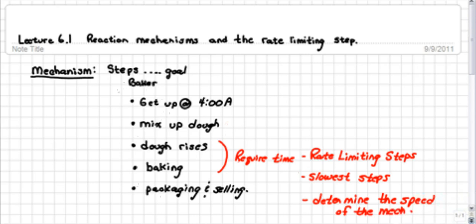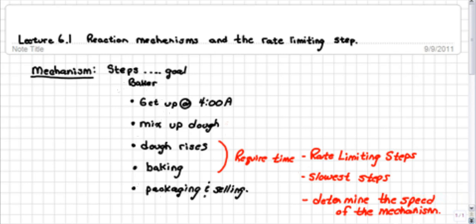Okay, so an important part of any mechanism is that you need to be able to identify the rate limiting step, because it's the rate limiting steps that really affect how fast something is going to occur.